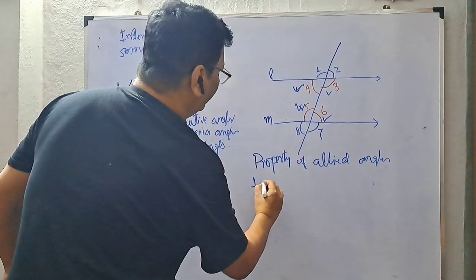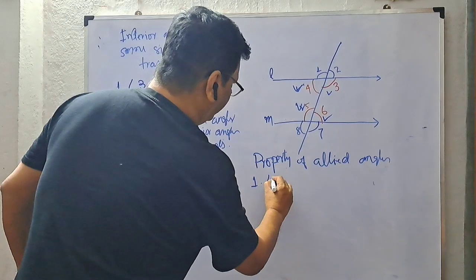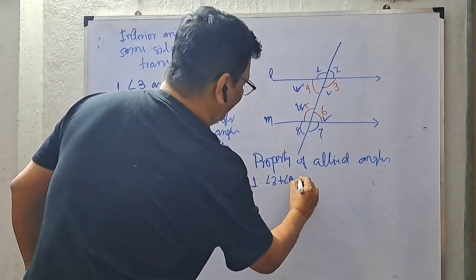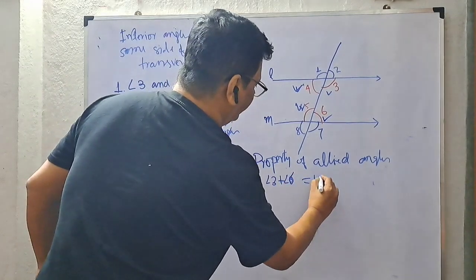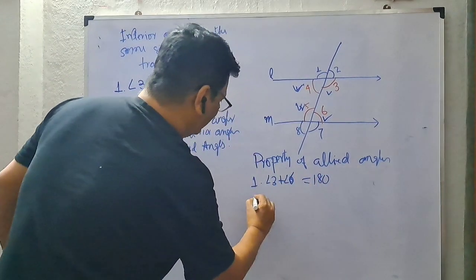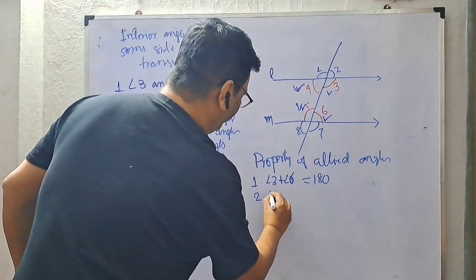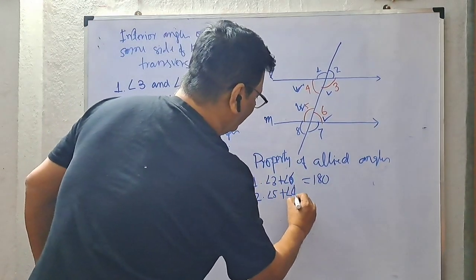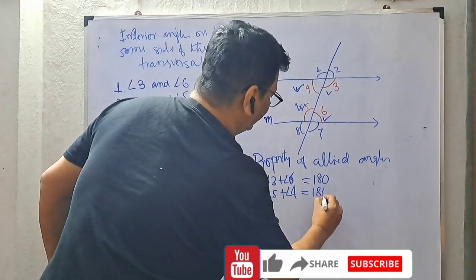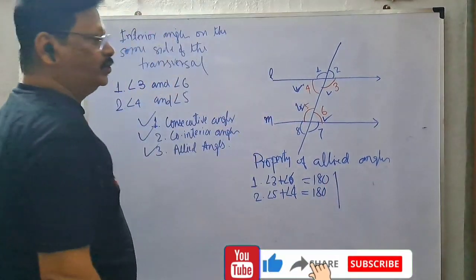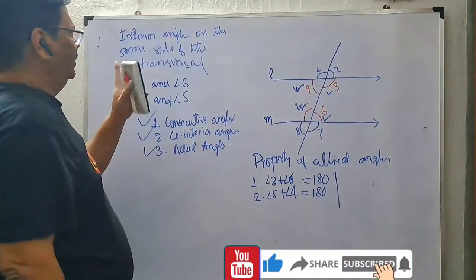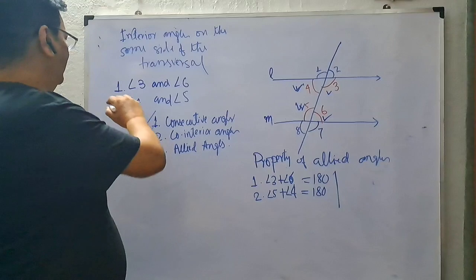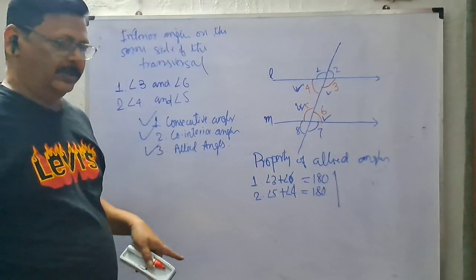So number 1, angle 3 plus angle 6 will add up to 180 degrees. Similarly, angle 5 and angle 4 will also add up to 180 degrees because both of them are interior angles on the same side of the transversal, or you can name any of these 3.